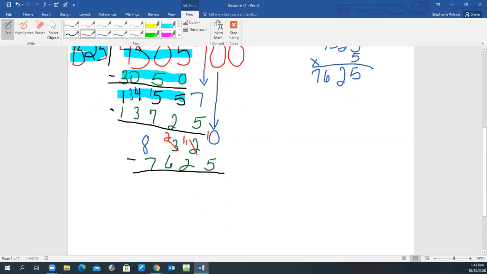Well, I can't take 6 out of 2, so I got to borrow again, making this a 7 and bring the 1 over. So now 10 times 5, or excuse me, 10 minus 5 is 5. 11 minus 2 is 9. 12 minus 6 is 6. 7 minus 7 is 0. So we're done there. Let's bring down this other 0.